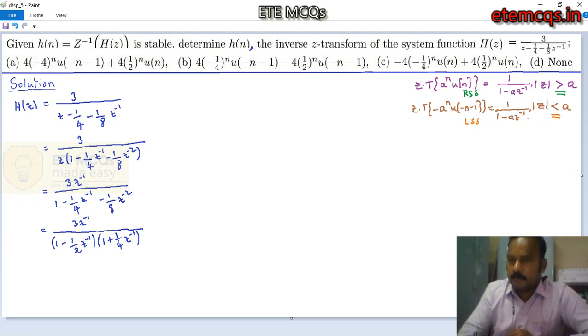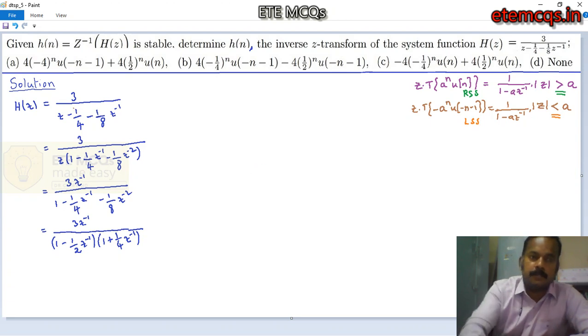You will have a respective diagram for ROC. Here in this case the ROC will be outside a circle of radius a, whereas in the second case, the ROC will be inside a circle of radius a. So these two are the cases we are supposed to keep in our mind. Now let us go ahead with the method of partial fraction to solve this problem further.